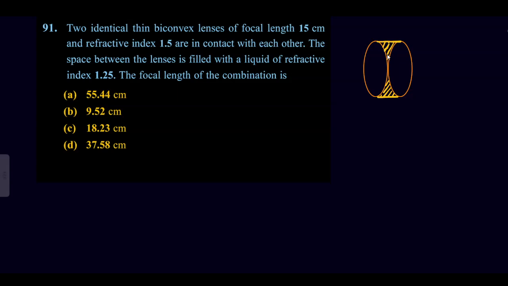Now you see this. How many lenses are there here? Three lenses are there. So we are calling this lens one, the first lens, this the second lens, and this the third lens.